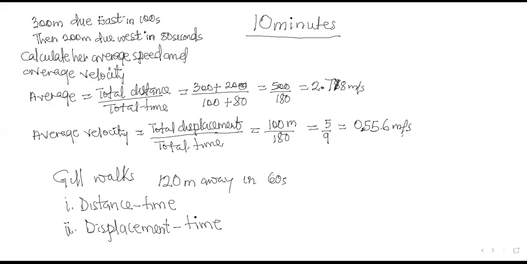All right. So Jill walks. Let me open a new page. Jill walks at a constant speed to her friend's house, which is 120 meters away.